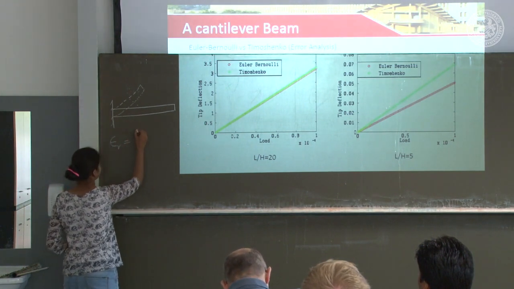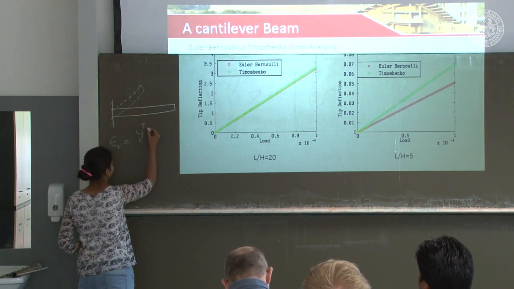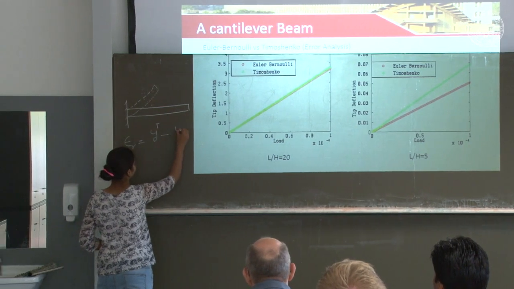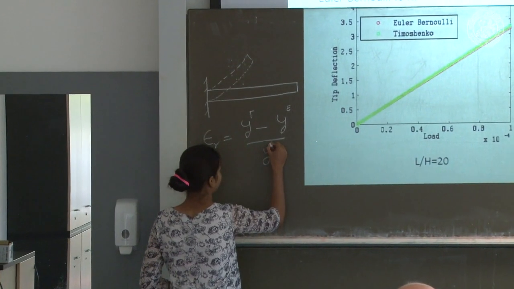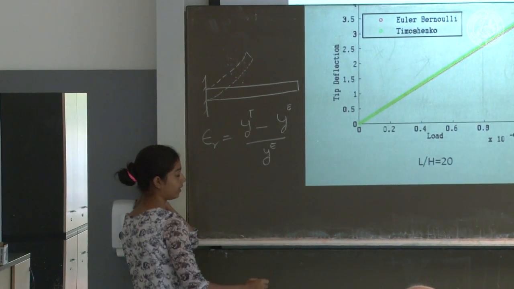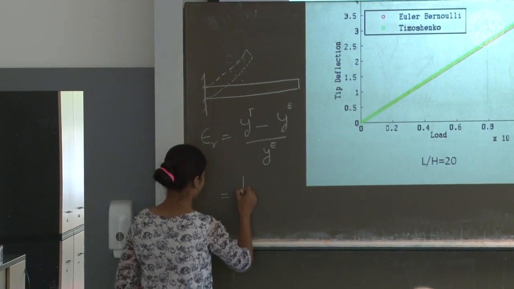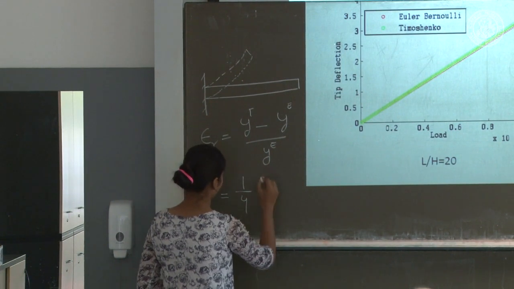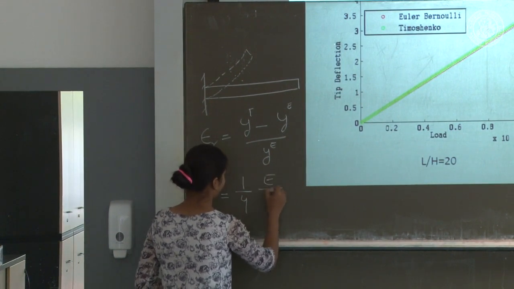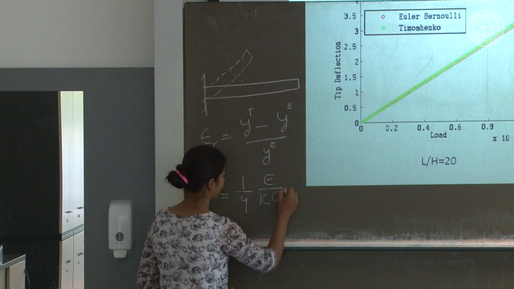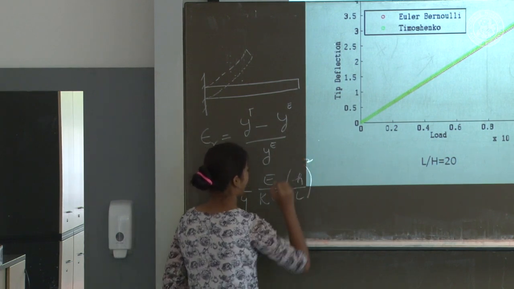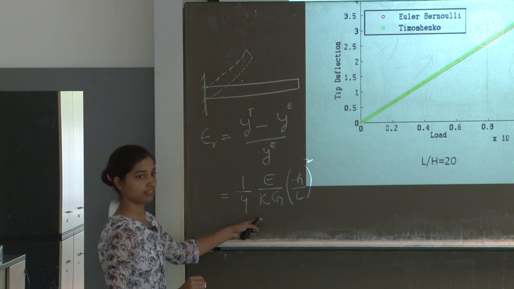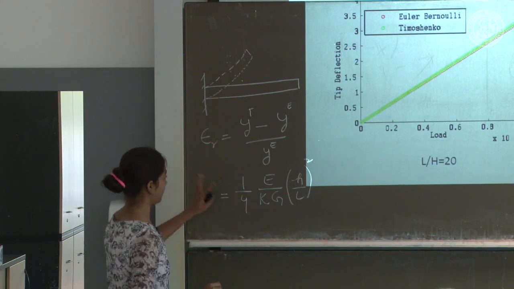This was the displacement for Timoshenko and Euler-Bernoulli divided by this, and it was, I think, 1/4 E by kappa G and H by L square. Right, this we had done already in the class, this error analysis.